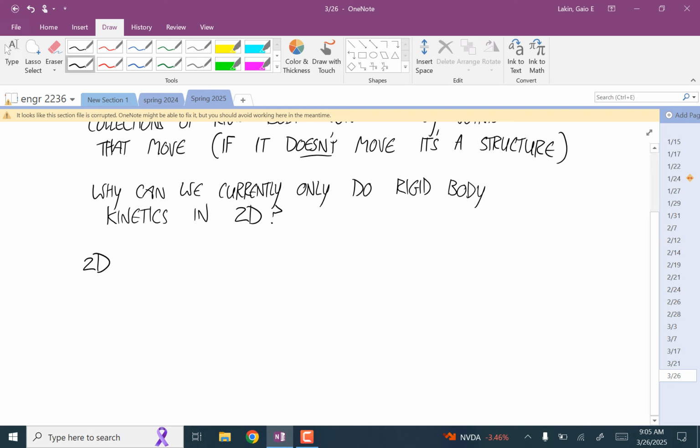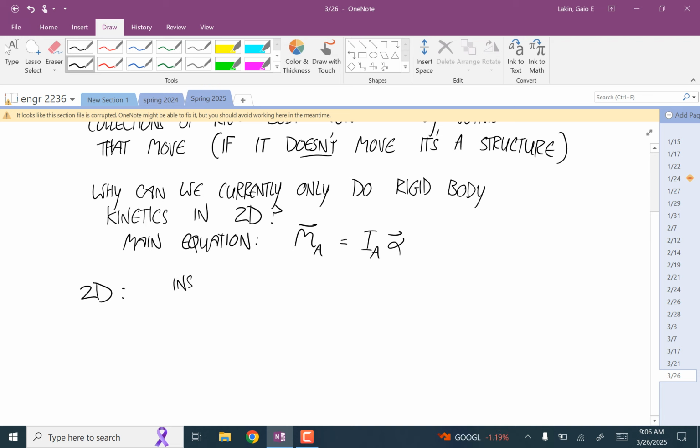Well, let me give an illustration. Before I write this, the main equation in rigid body kinetics is rotational Newton's second law that says add up all the moments. That's equal to the moment of inertia times the angular acceleration, right? So let's think about what happens as an object moves in 2D.